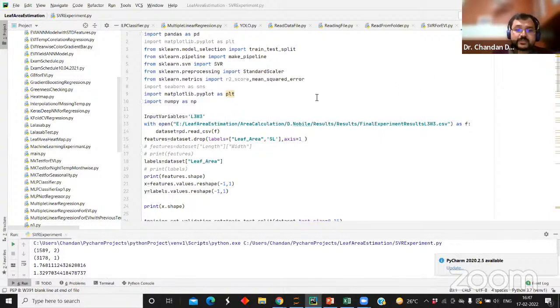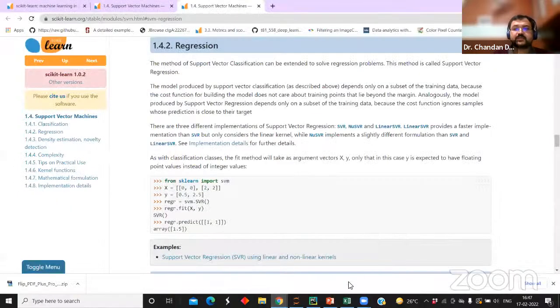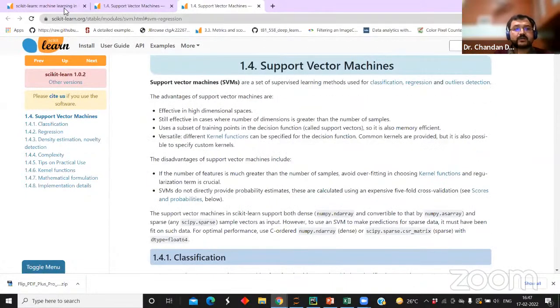So what we have done, we have experimented in Python, and pandas was imported, and sklearn. Mainly we have used the sklearn package, which has rich documentation.